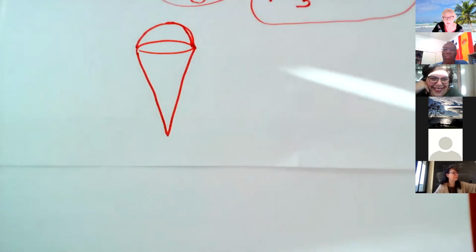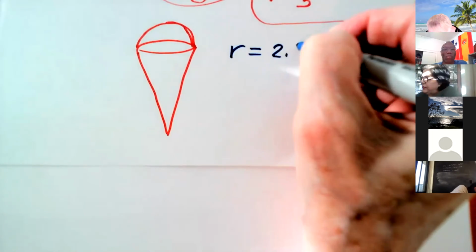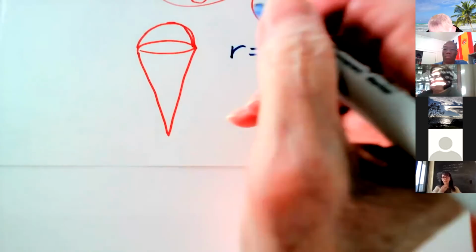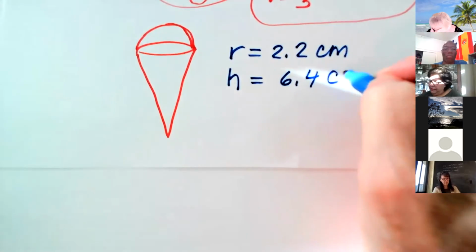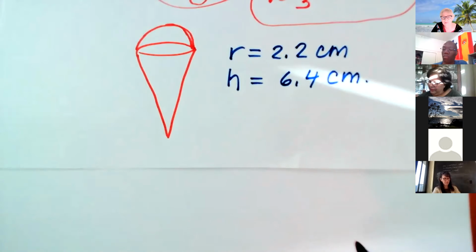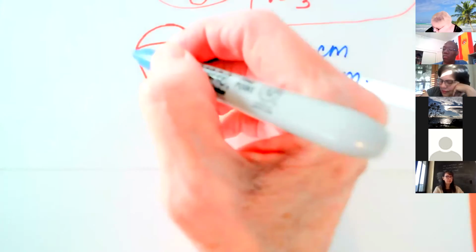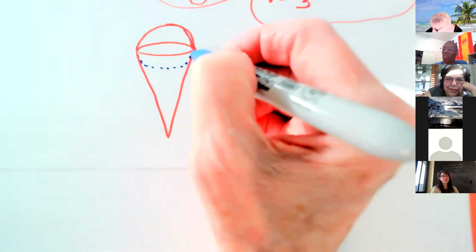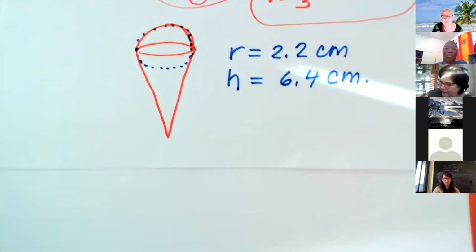An ice cream cone has a radius of 2.2 centimeters and a height of 6.4 centimeters. The cone is filled with ice cream and one additional scoop in the shape of a sphere with the same radius as the cone is placed on top.